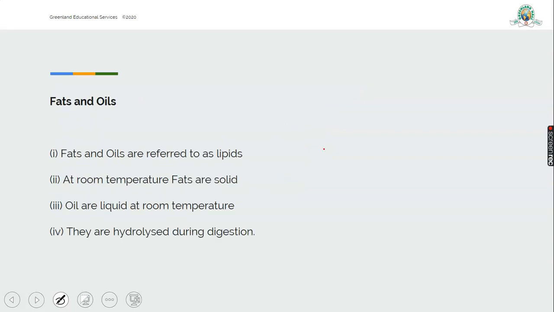The next after the protein are the fats and oil. Fats and oil are also referred to as lipids, and they occur in two forms. At room temperature, fats are solids, while oils are liquid at room temperature. During digestion, fat and oil are hydrolyzed.